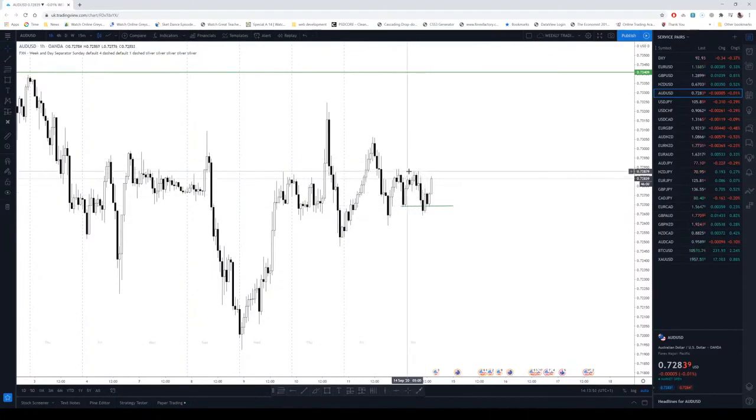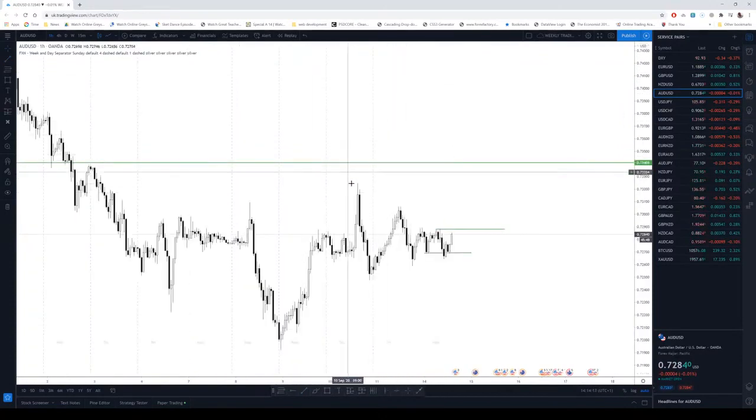So if they manage to come above that high, then I'll be interested in this down candle, right? So if we close above this high, if we close above that, I'll be interested in this down candle for a long into attacking this high and that high.